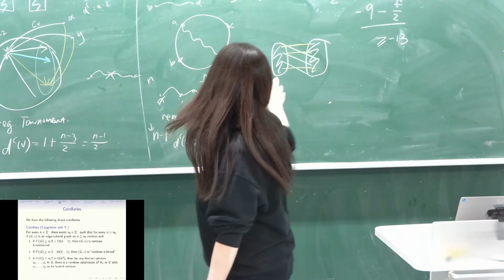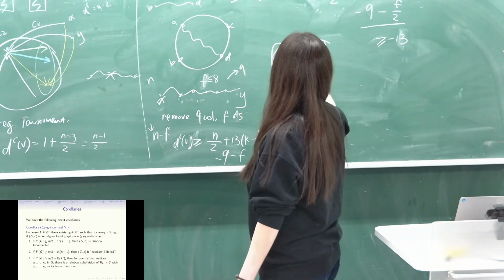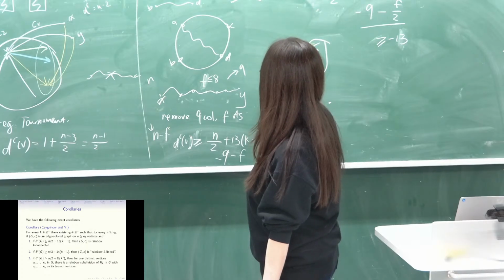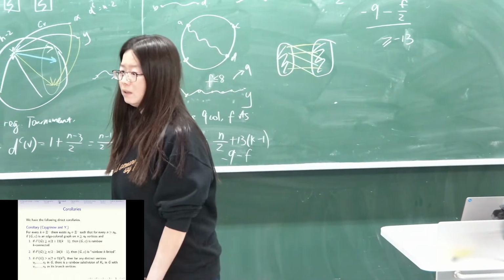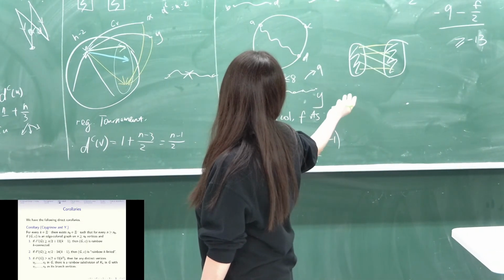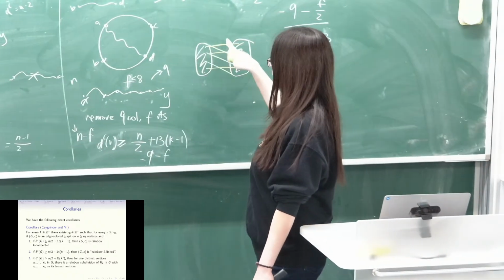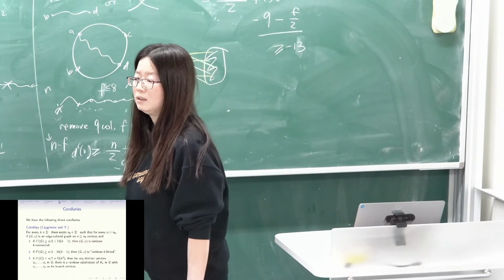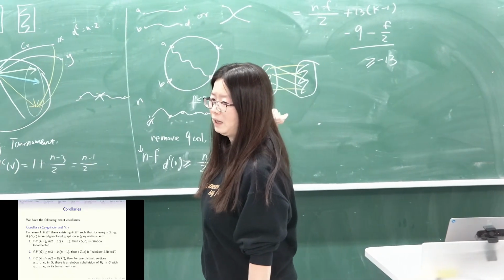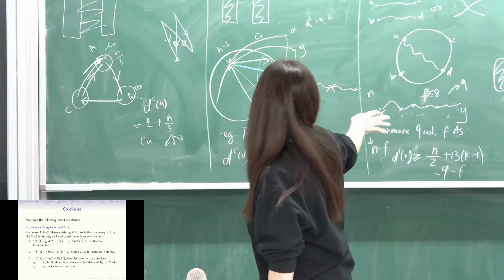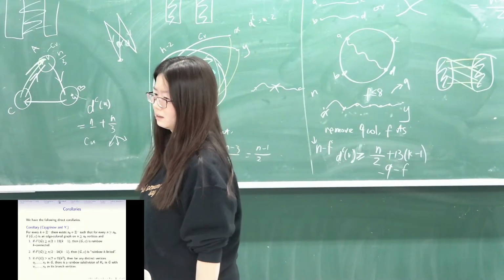Then I can further assume that all the edges in each component receive distinct colors. Then in this graph, the color degree is half of n minus 1 plus this k minus 2. Then I have half of n plus linear in k, maybe k minus 1 or something like that, color degree.